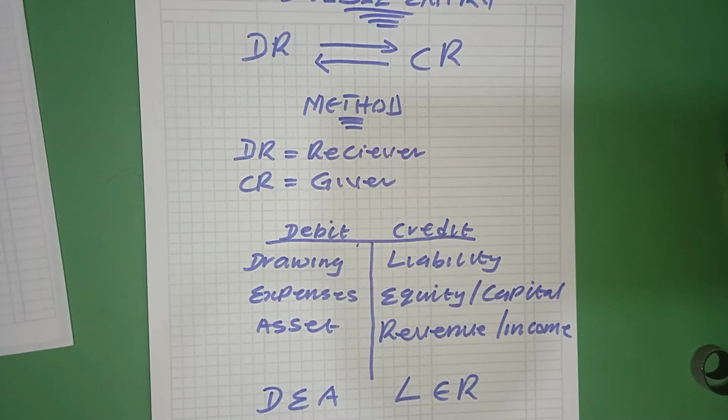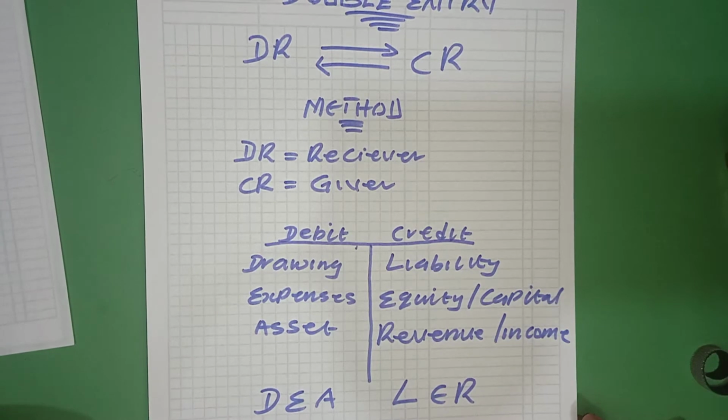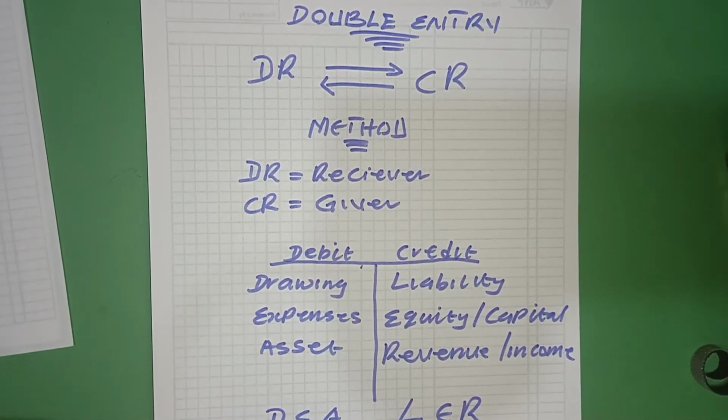You can solve any double entry you see anywhere, even when you are posting, because double entry system seems to be the basis of accounting. If you don't know double entry system, what are you preparing? It's one of the bases.